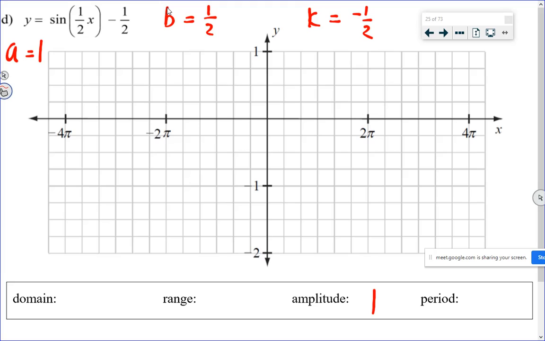Incidentally, some of you on your assignment looked at something like this, and you said correctly that this is a horizontal stretch by a factor of 2, but you wrote B equals 2. No, B is 1/2. B is the number in the equation. So here's the best way to do this problem.